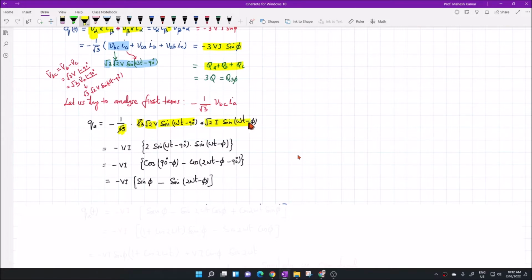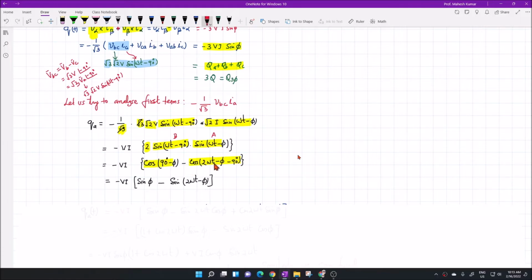This is Ia. We multiply this, root 2 and root 2 becomes 2, and this is sin A sin B. So again it becomes a simple trigonometrical expression, 2 sin A sin B, which is nothing but cos A minus B minus cos A plus B. So what is cos A minus B? You can take any one as A or B. If I say this is A, this is B, then this is 90 minus phi.